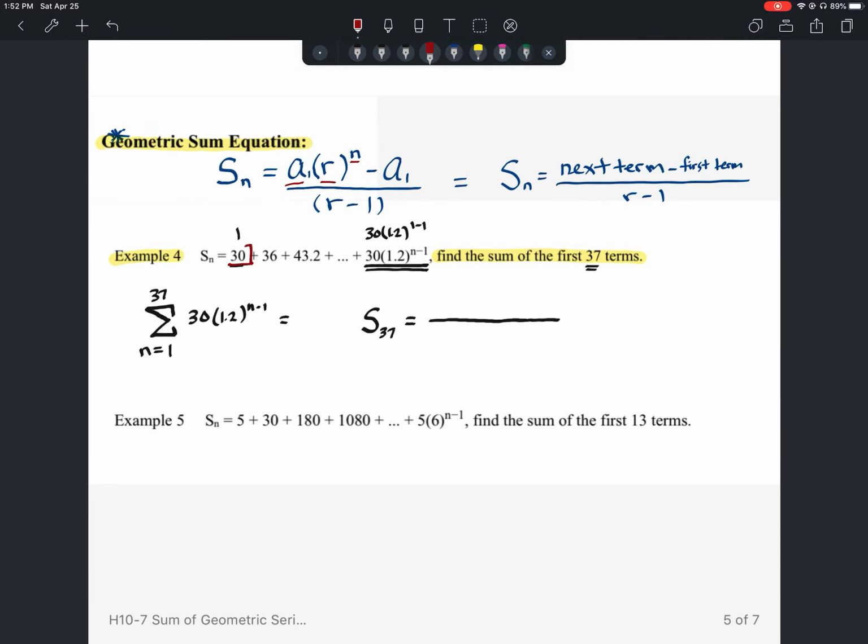Our first term is 30. Our multiplier is 1.2. We can see that over here, or you could do 36 divided by 30 to get it. So let's write those in. We have 30 times 1.2, and we're raising that to the power of n. Instead of n, our n value is going to be 37, so let's put in that 37.